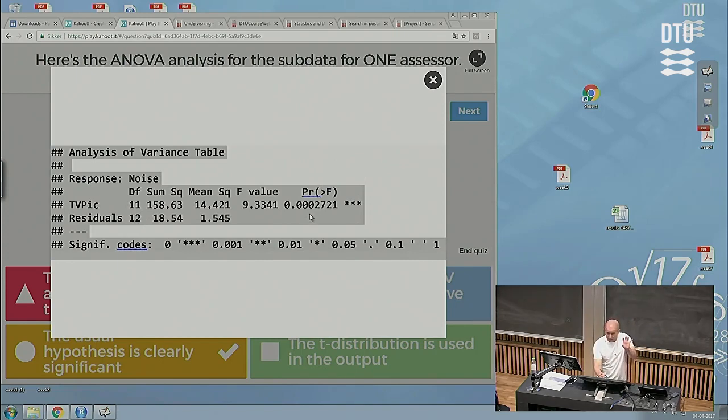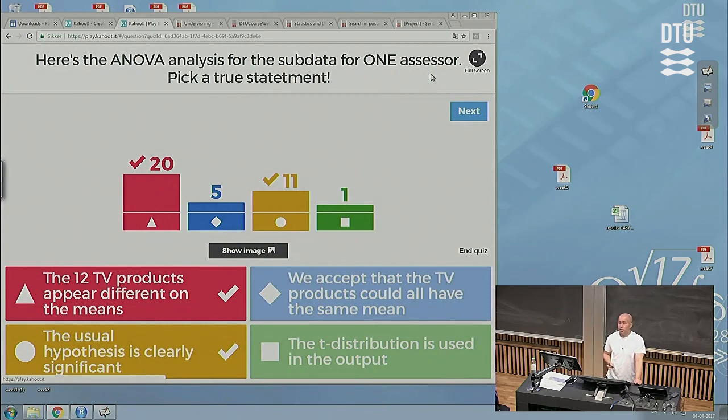I will zoom in on a very small part of the data for just one of those evaluators. So yes, they are different. And I express it in 2 similar ways. So that's what we should learn. We have clearly significant results.